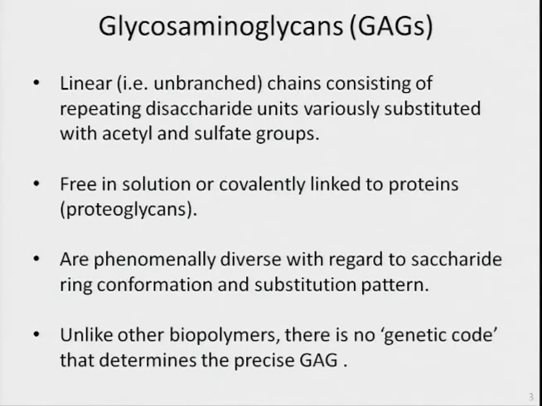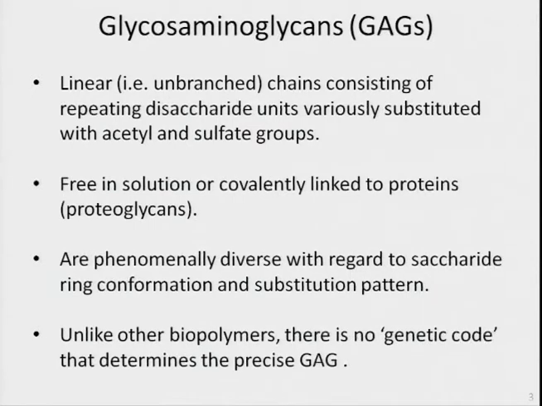Nice idea, Prob. So glycosaminoglycans are, of course, linear, that is, unbranched chains consisting of repeating disaccharide units. And these are variously substituted with acetyl groups and sulfate groups and can have different ring conformations. They can exist free in solution or covalently linked to proteins, in which case they're known as proteoglycans. They're phenomenally diverse with regard to the saccharide ring conformation and substitution pattern.